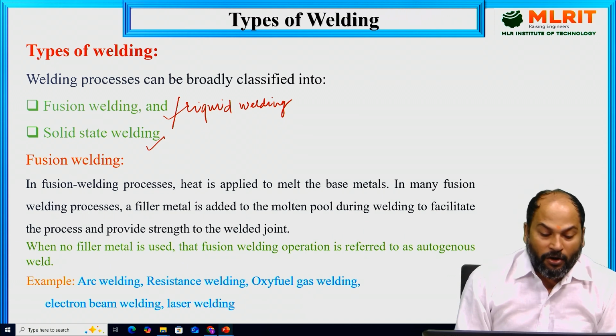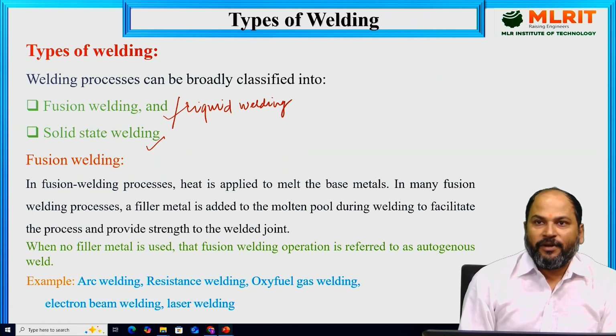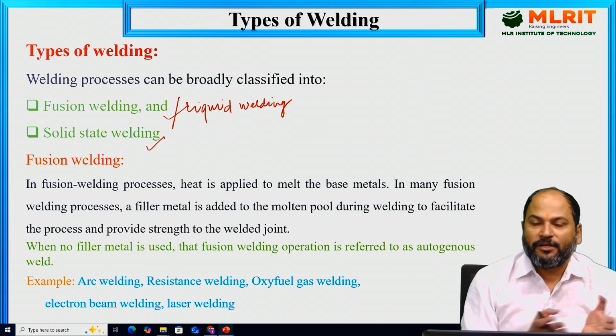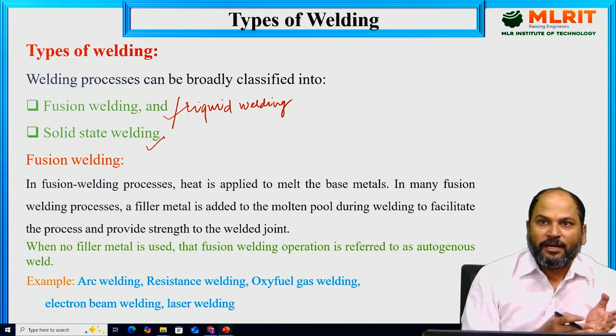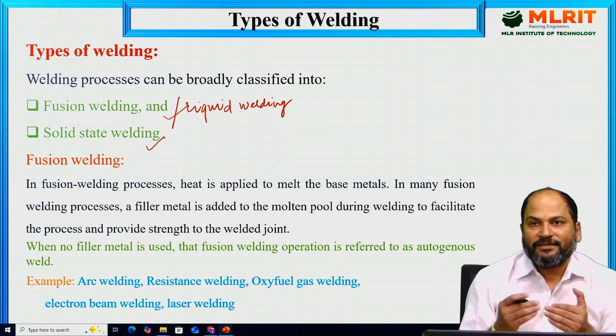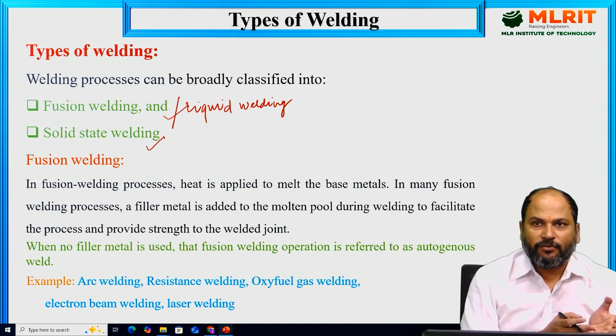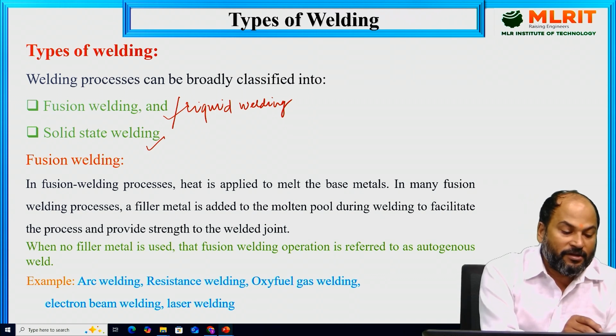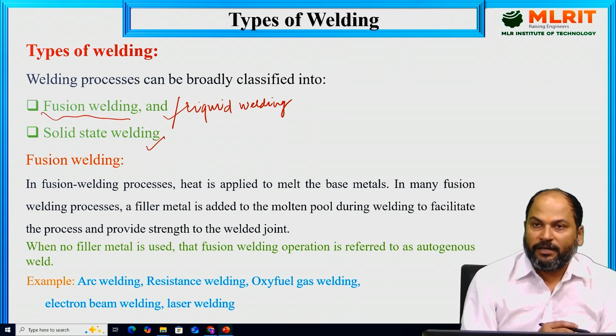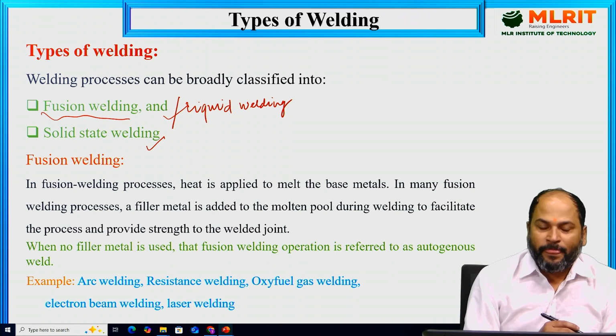Fusion welding or liquid welding means when we are welding two or more parts together, we have to melt the material to join it together. Means the material is going to change its state from solid to liquid. If the parent material, the material that we are going to weld, is changing its state from solid to liquid, then this is termed as fusion welding, or sometimes liquid state welding.